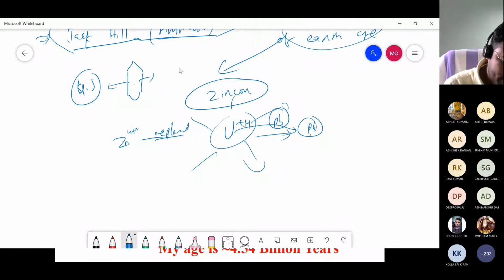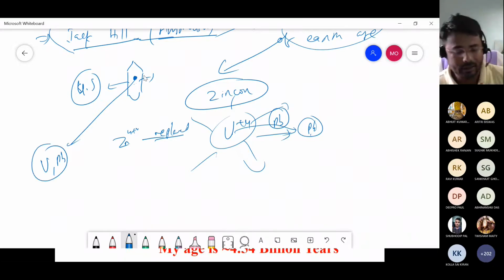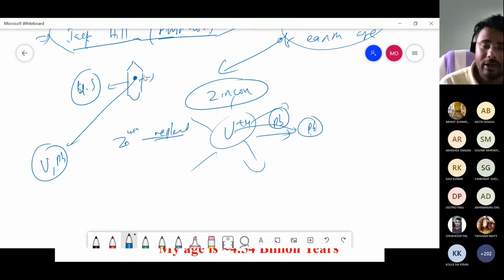So say for example, as of today, if you are able to calculate or determine the amount of uranium and lead in a particular part of this mineral, that means if you are able to determine the absolute amount of uranium and lead, definitely you can back calculate the age.